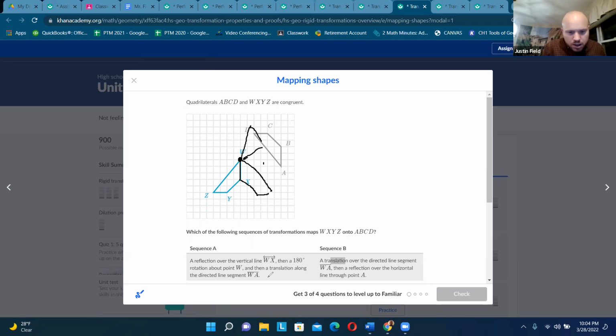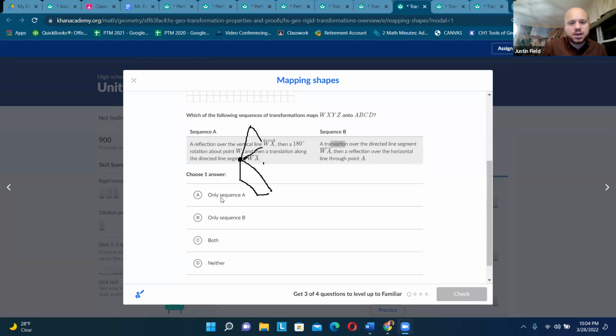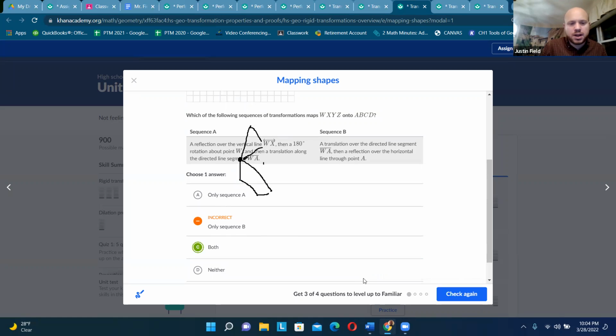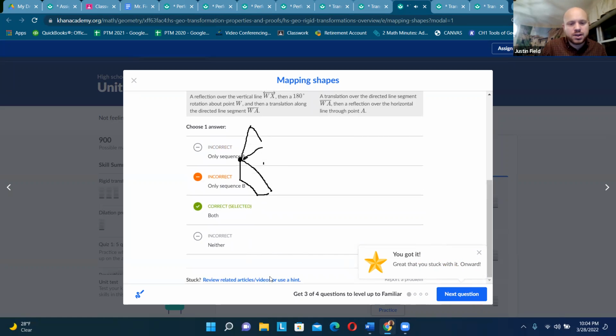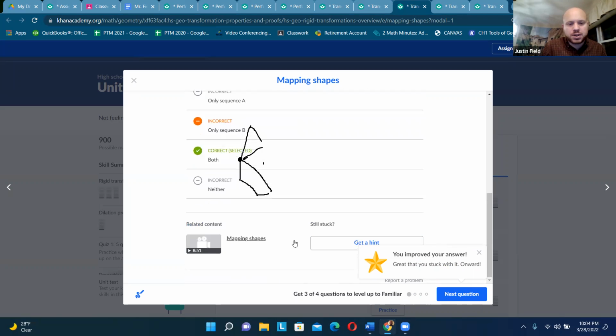And then a translation along WA. Now that is something. Oh, okay. So let's just see. Let's say B. No, see, it was both. I didn't try hard enough there. But let's look at the picture.